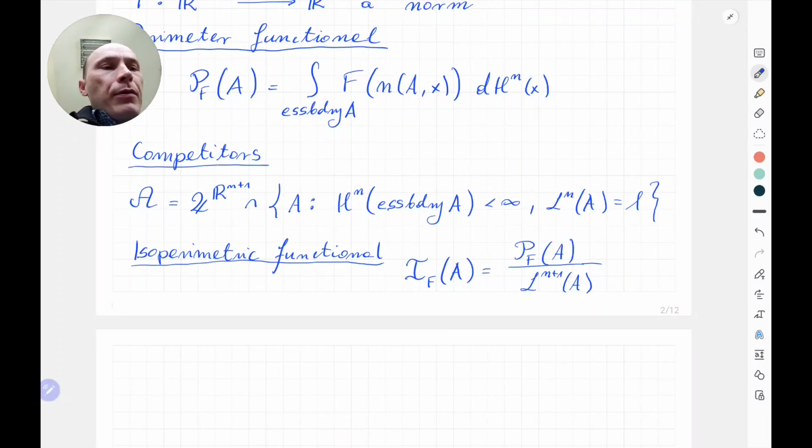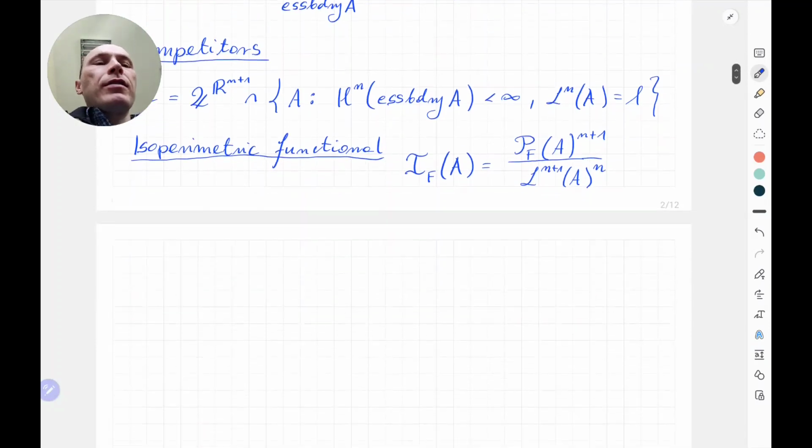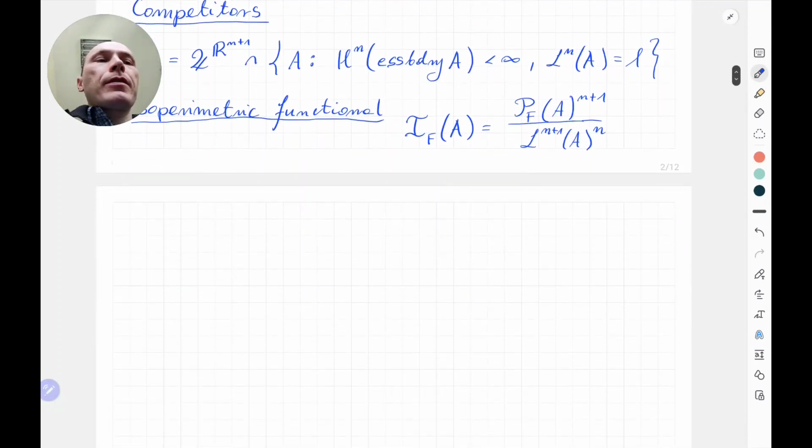This is to the power n, and this is to the power n plus 1. Now it is clear what it means. Minimizers of the isoperimetric functional are what you would expect, just isoperimetric regions, but we are mostly interested in critical points of this functional. So what do I mean by critical points?